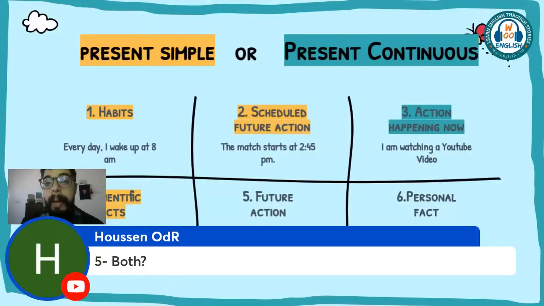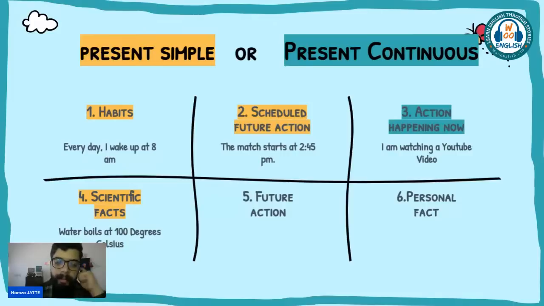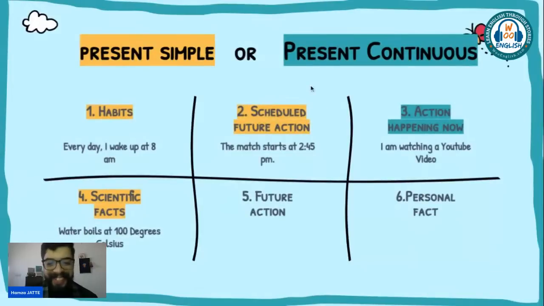Maybe it's both because we use the present simple also to talk about the future. All right, both are possible. Indeed, both are possible in some cases. Gethika, can you finish your answer? Because he didn't finish it.